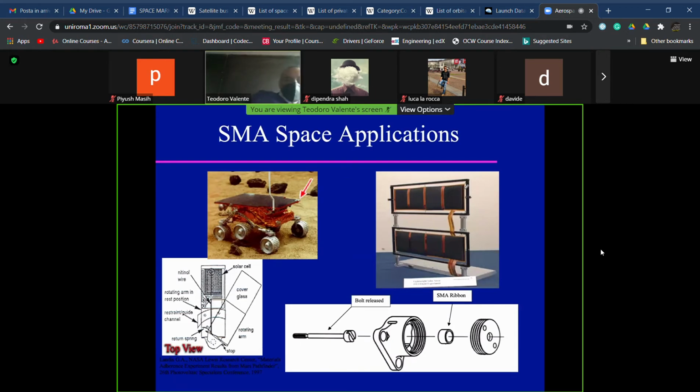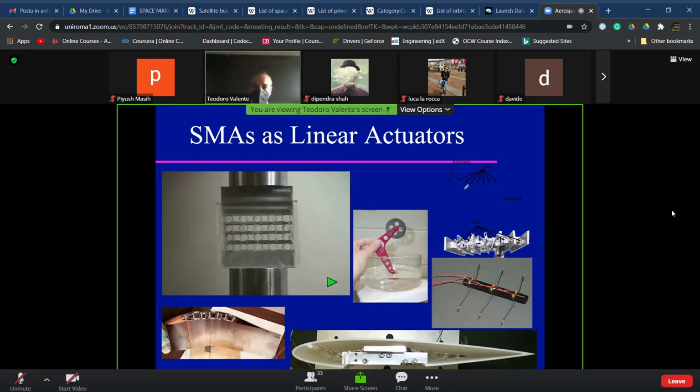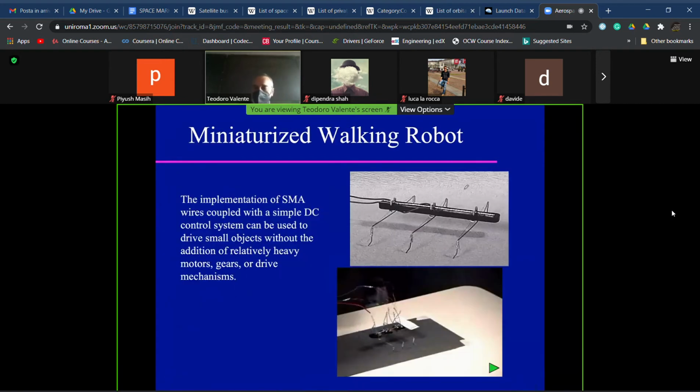These are other pictures, just for your curiosity.